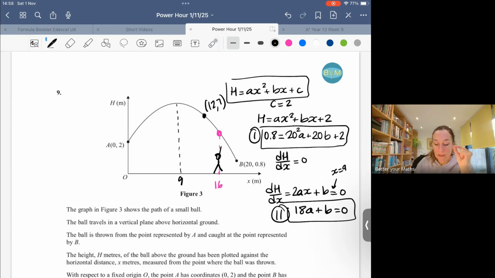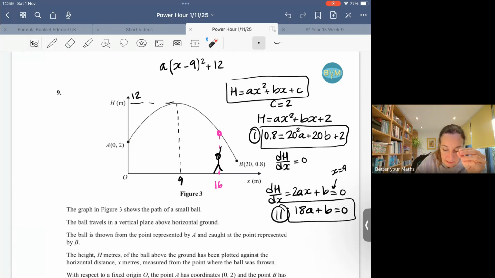They could give you the maximum completely. So when x is 9, y is 12, for example. So this is 9, 12. Then you write, and remember when we complete the square, the maximum is what makes the bracket 0, and the height or the y is when this is 0. So this would be your quadratic.